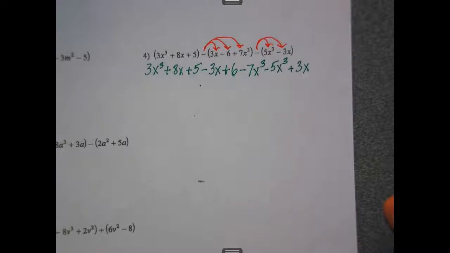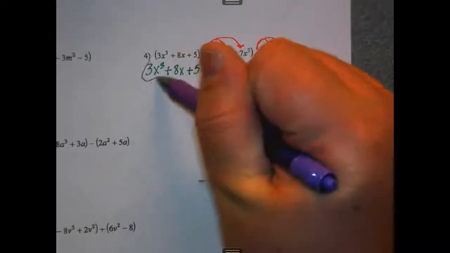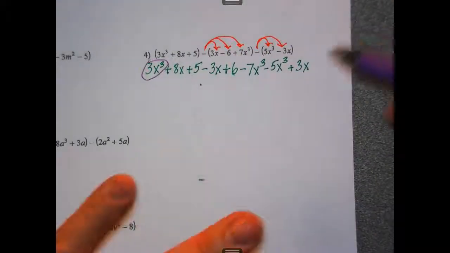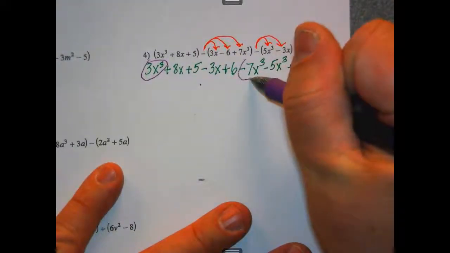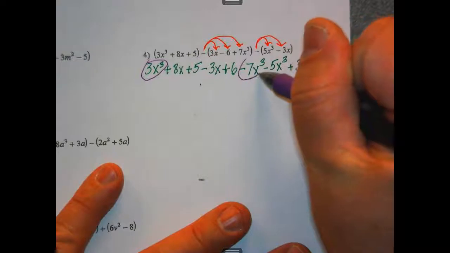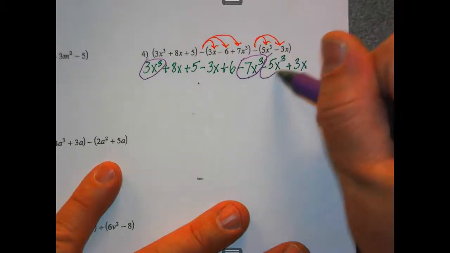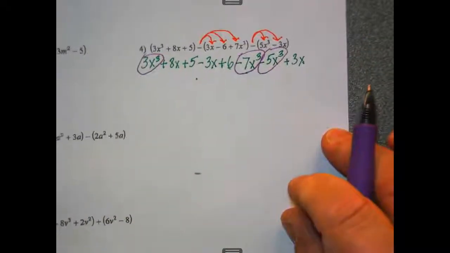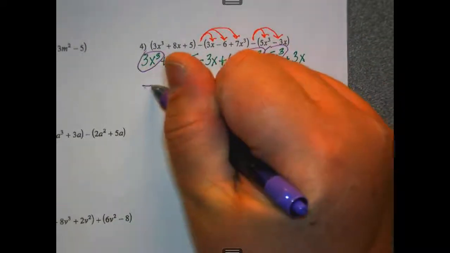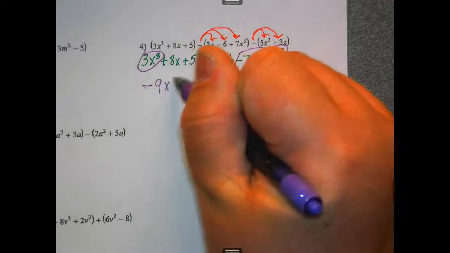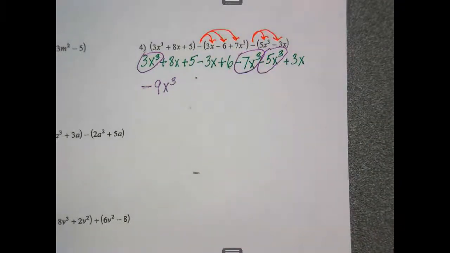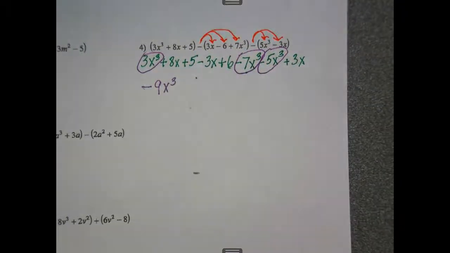Okay, combine like terms. Let's see, I have a 3x cubed, negative 7x cubed and a negative 5x cubed gives me negative 9x cubed. I don't have any x squared.